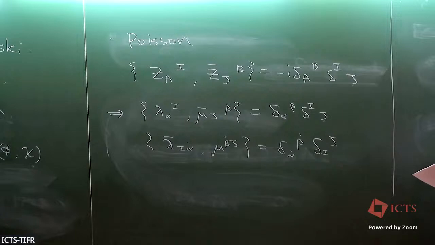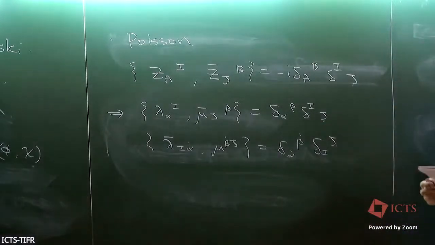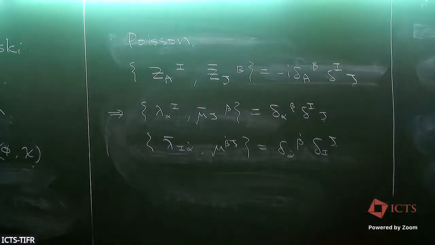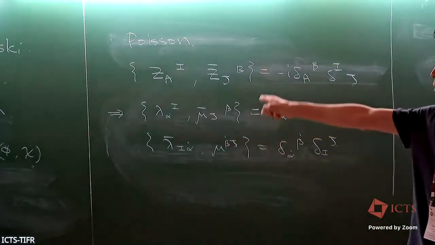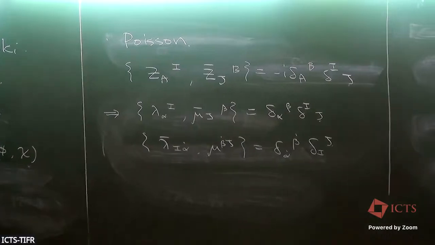And the SU(2,2) symmetry, which is to be mapped to the conformal symmetry of the Minkowski space, acts linearly on these Twistor coordinates. I mean, yeah, it's literally SU(2,2).